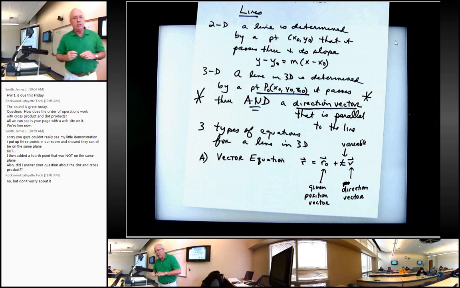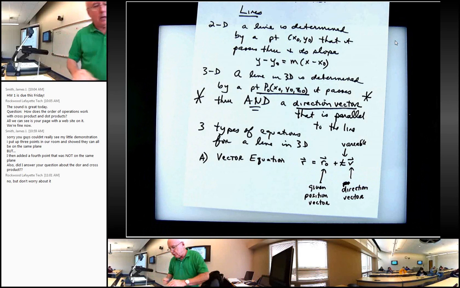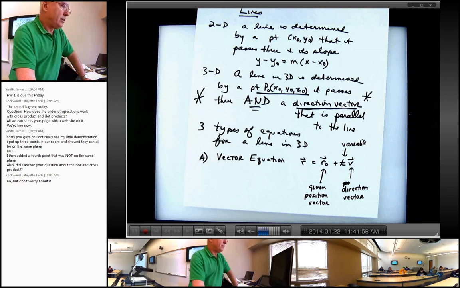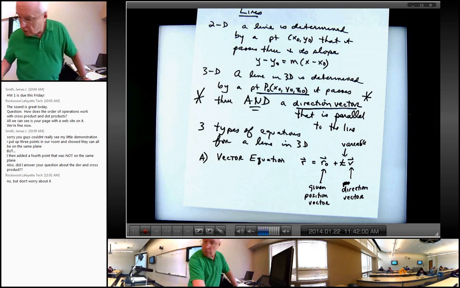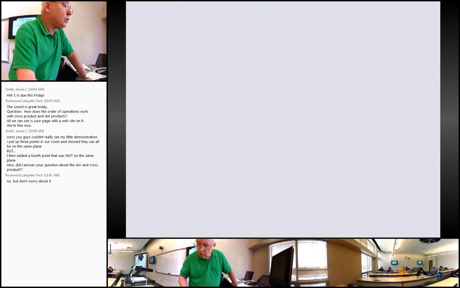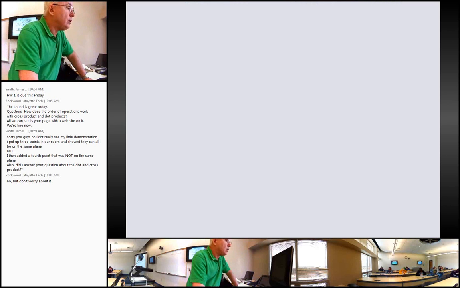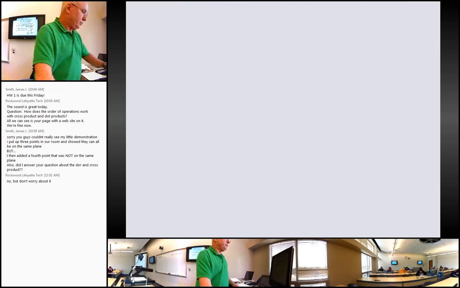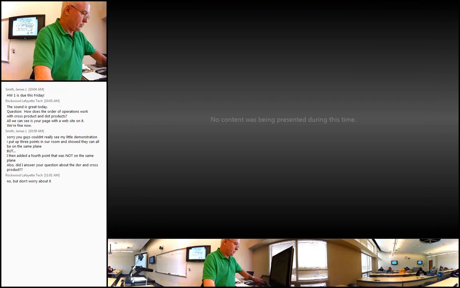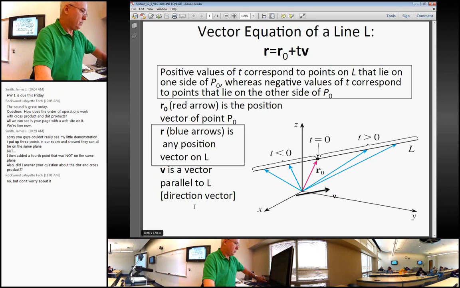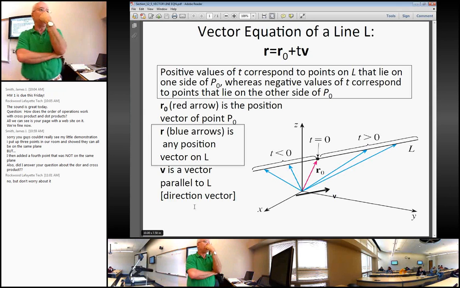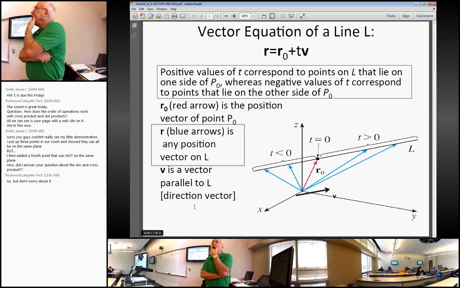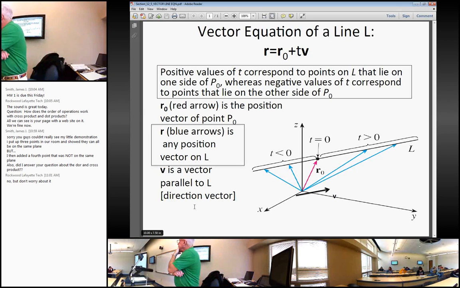Let me just show you this little display here. All right, vector equation of a line.